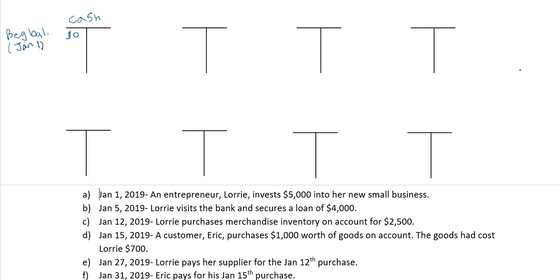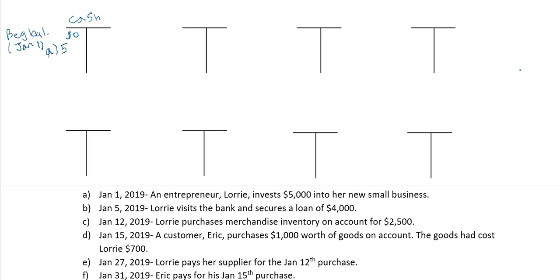Now that we have the name of the account up top and a beginning balance, we can go ahead and post transaction A to the T account. The way I like to do that is to have a quick reference to the transaction, so I put a lowercase a, and I'm not going to write a dollar sign again.